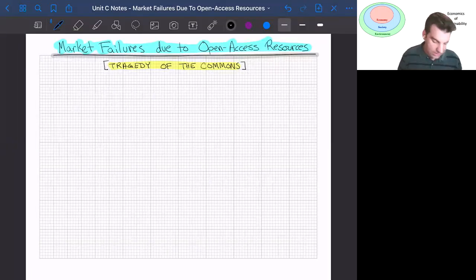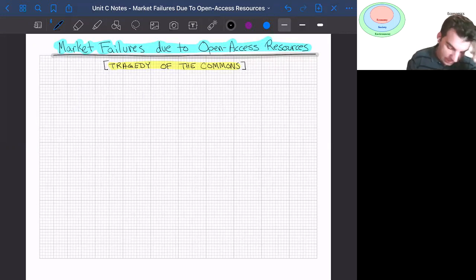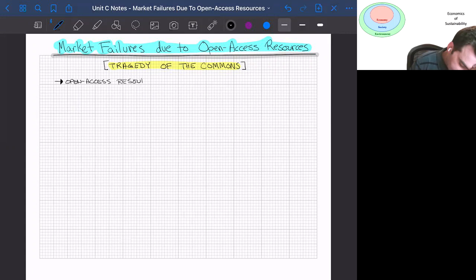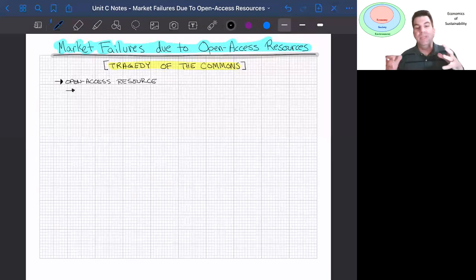Okay, so the basic idea here is that we are dealing with a special type of resource that goes by the name of an open access resource. Open access resources have two qualities which interact to create these problems for markets to naturally reach, we'll say, economically efficient allocations.